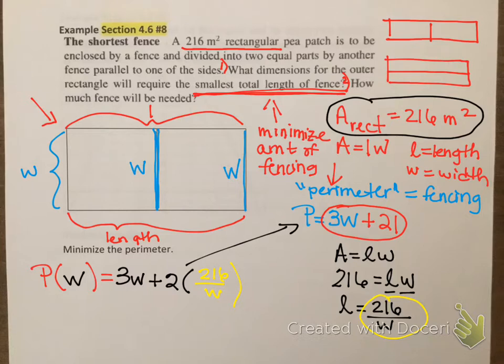You have just done something practically miraculous. You have written a function in terms of one variable that you can figure out how to minimize, this amount of fencing, by using your calculus and a derivative.